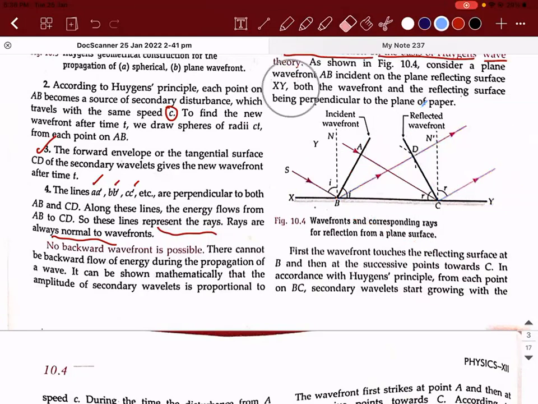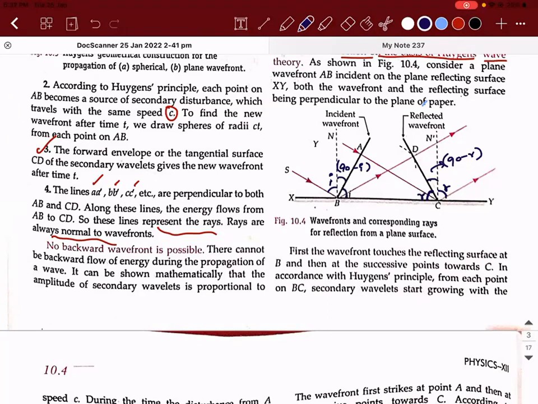Okay. Now, by drawing all these things, what you have done is you have created a base. So if you observe, this angle is I and this angle is R. Okay. So if this is I, then this is going to be 90 minus I. Then this is going to be 90 minus R. If this is 90 minus R, then this whole angle will be R.